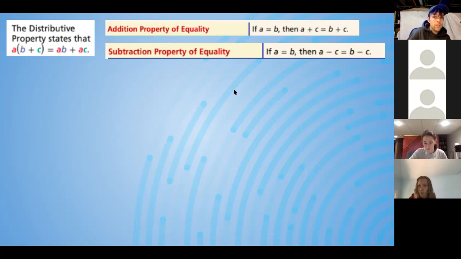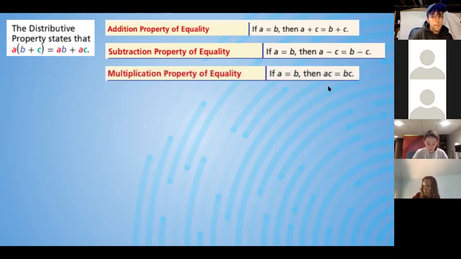You've gone through these, you learned these properties, maybe not the specific names, when you were solving equations. Multiplication property of equality, same idea. We're allowed to start with a true equation and multiply both sides by the same number. So if a is equal to b, then if we multiply those both by c, they're still going to be equal.